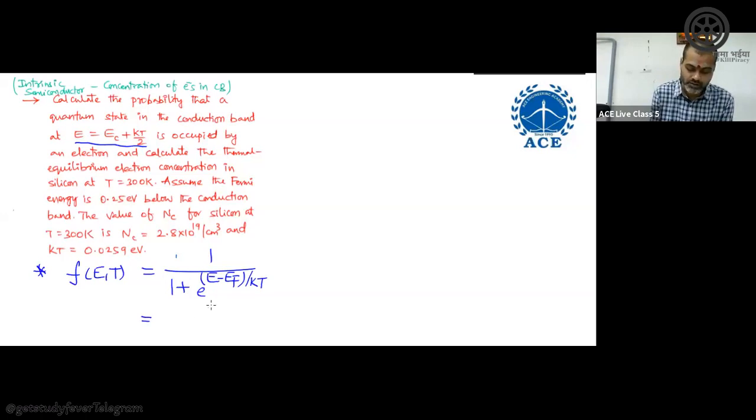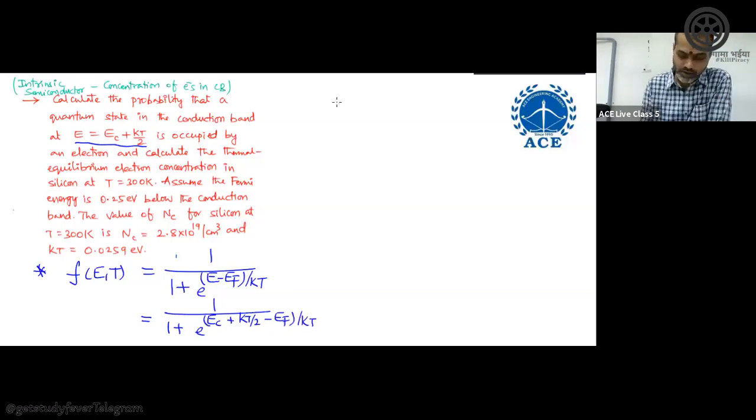So this is equal to 1 divided by 1 plus e power, in place of E what can I write? It is EC plus KT by 2 minus EF, divided by KT.